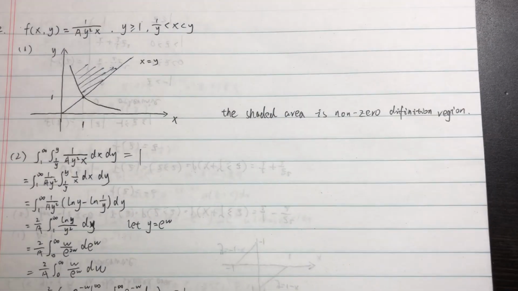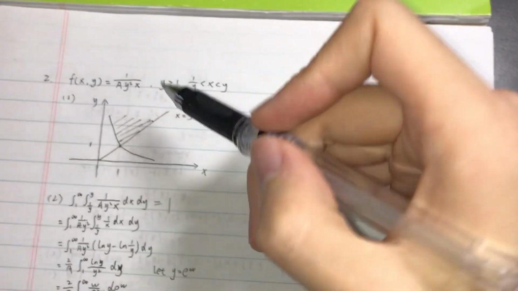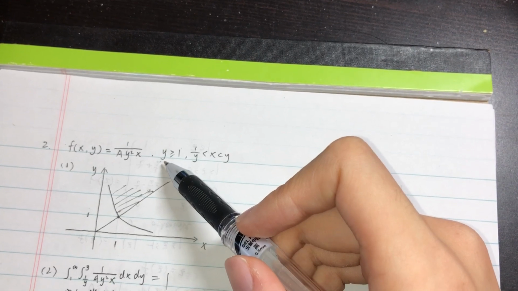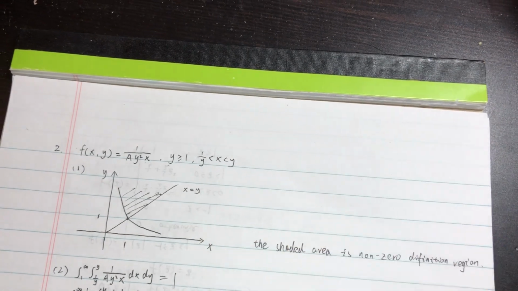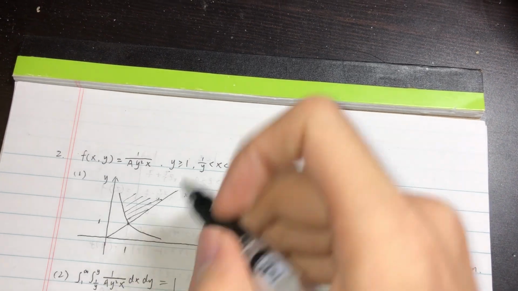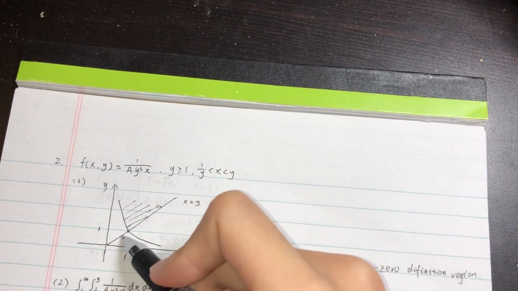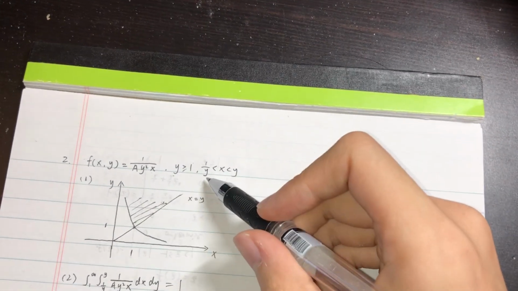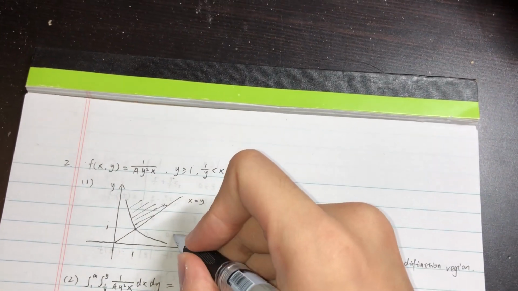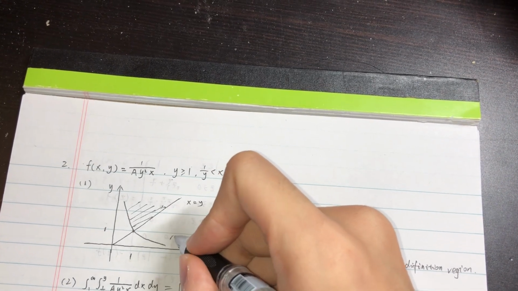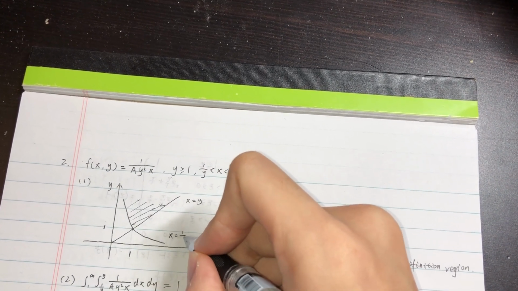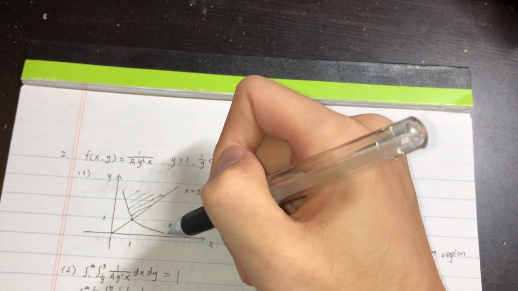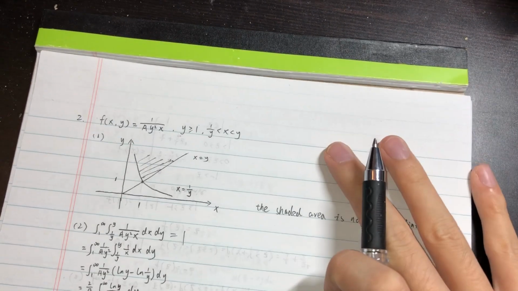First, we can draw the line of x equal to y, which is this line, and then we can draw the line diagram of x equal to 1 over y, which is this line.